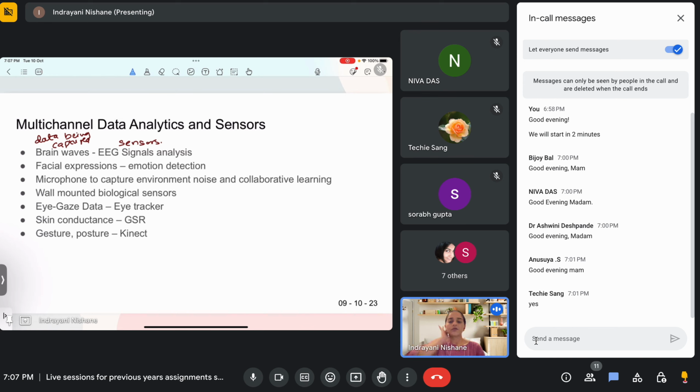Then another sensor most commonly used in learning sciences is the Kinect chairs, the pressure-sensitive chairs. As we read something, or as we are engaged, or as we get frustrated, we change our body postures very often.